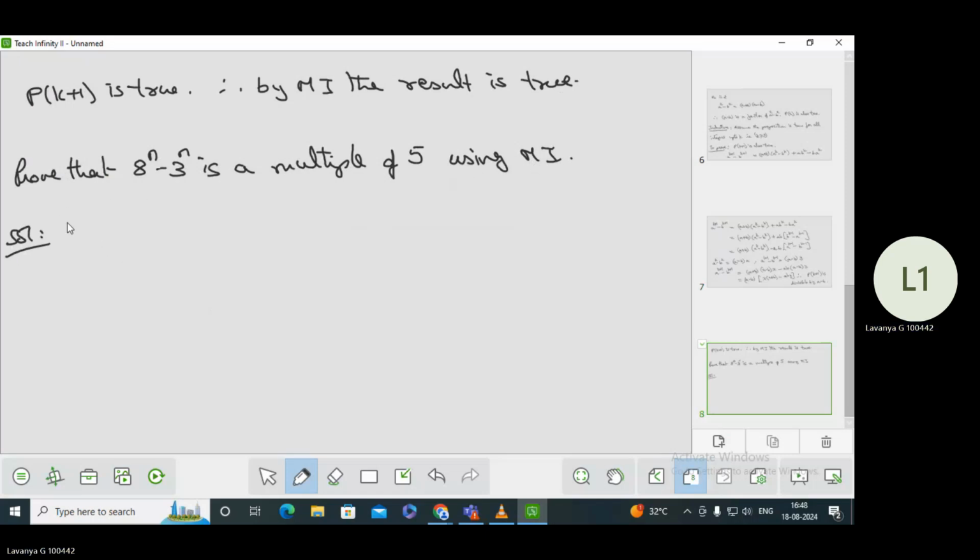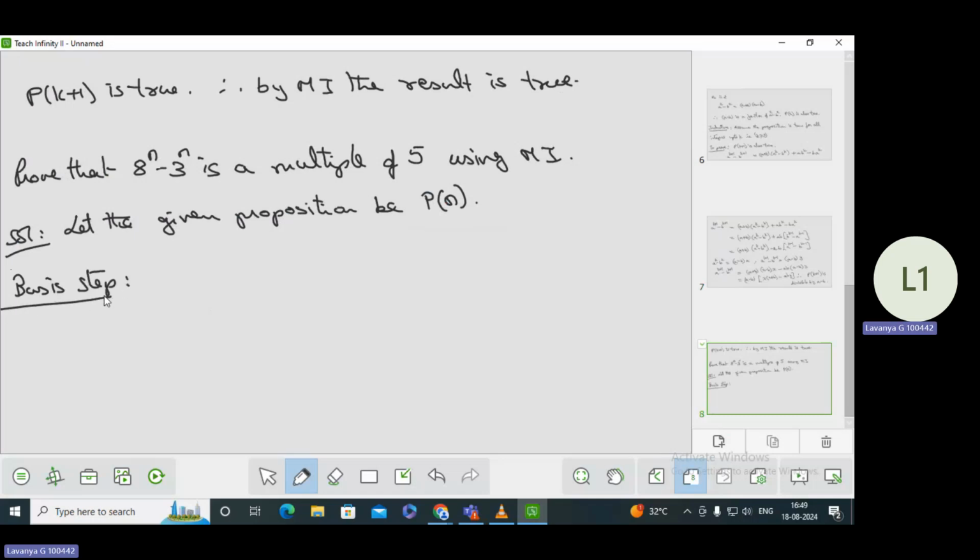So let us take the given proposition to be P(n). Now come to the basis step. I have to start from n equal to 1, for n greater than or equal to 1.